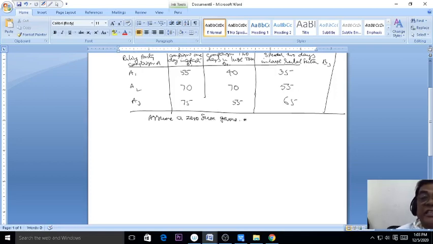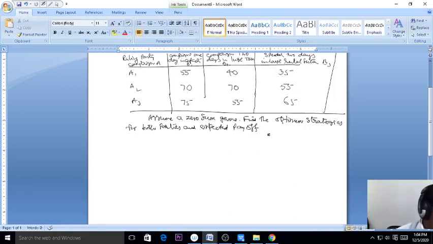Find the optimum strategies for both parties, and the expected payoff for the ruling party. This is the given question.